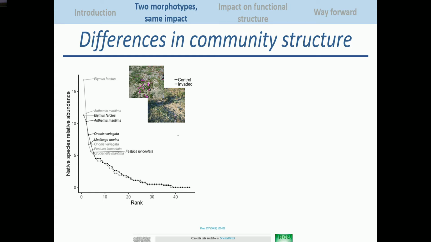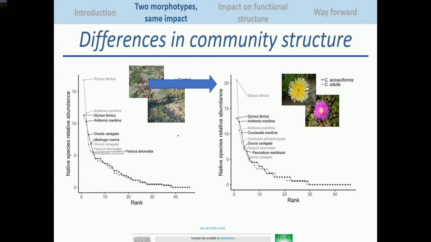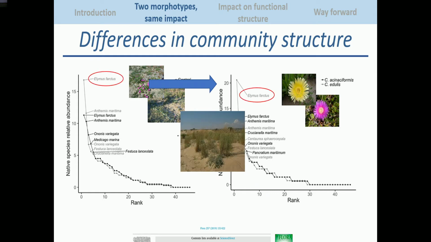And essentially we found that in the invaded plots there was an increase of Elymus farctus, which is this species here. And when we look at the two different morphotypes, the communities invaded by Edulis also had an increase of these native species.